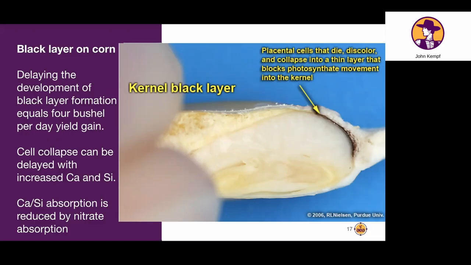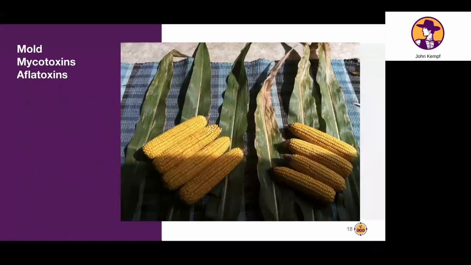So when you think about what I said earlier about nitrate, it's quite common for plants absorbing nitrate to not do a good job of absorbing calcium, which leads to weak cells and to the early formation of black layer in corn. This is one of several different mechanisms by which plants absorbing excessive levels of nitrate will lead to premature senescence, premature development of black layer.